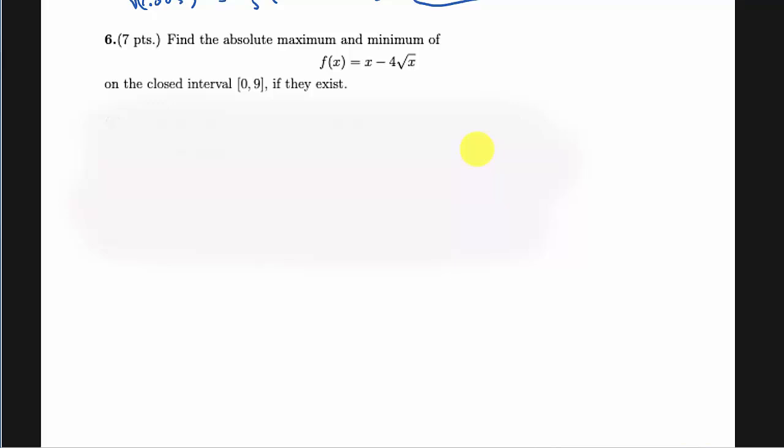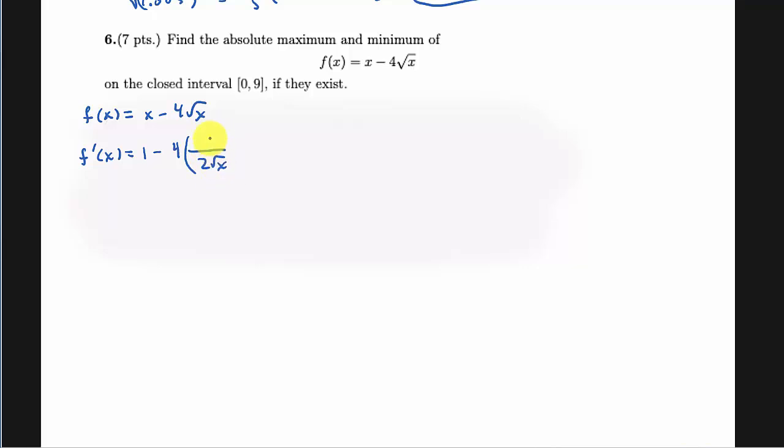All right. So it says here, find the absolute maximum and minimum on the closed interval 0 to 9 if they exist. All right, so let's just write the problem down. And then, as you know, we need the derivative. So we've got f prime of x is equal to 1 minus 4 times the derivative of the square root of x, which is 1 over 2 square root of x.